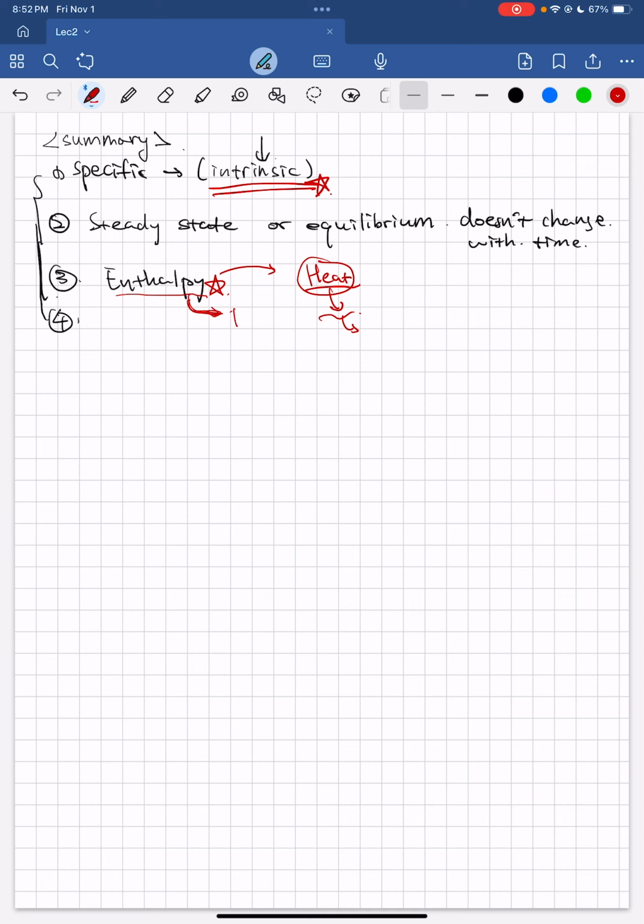For enthalpy there is a way, right? And fourth, we talked about the heat capacity. Now we are going to solve a problem, okay? To review what we learned.